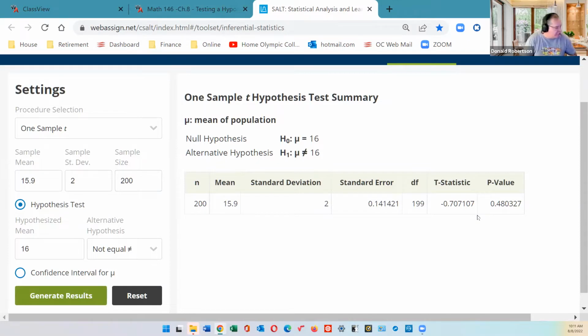Would you agree that is still not particularly significant? So I take a whole day's production, 2,000. Ah, you see, it's now statistically significant.